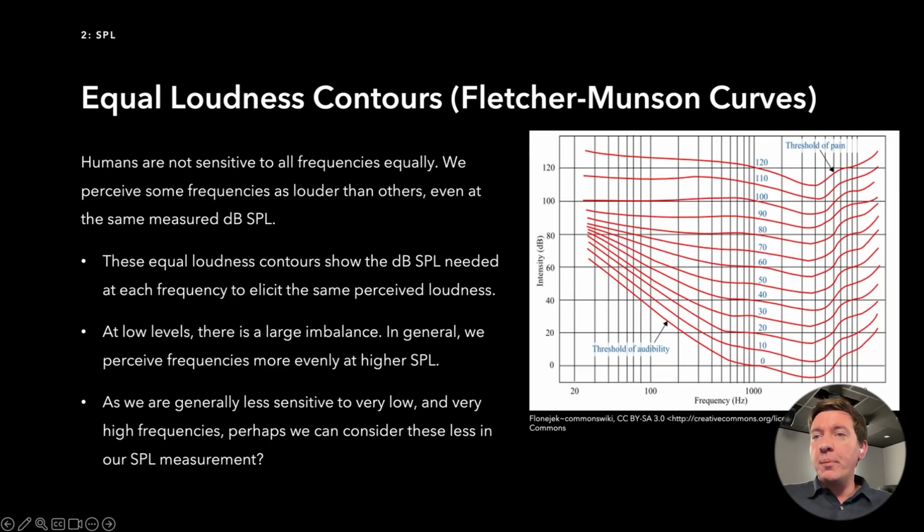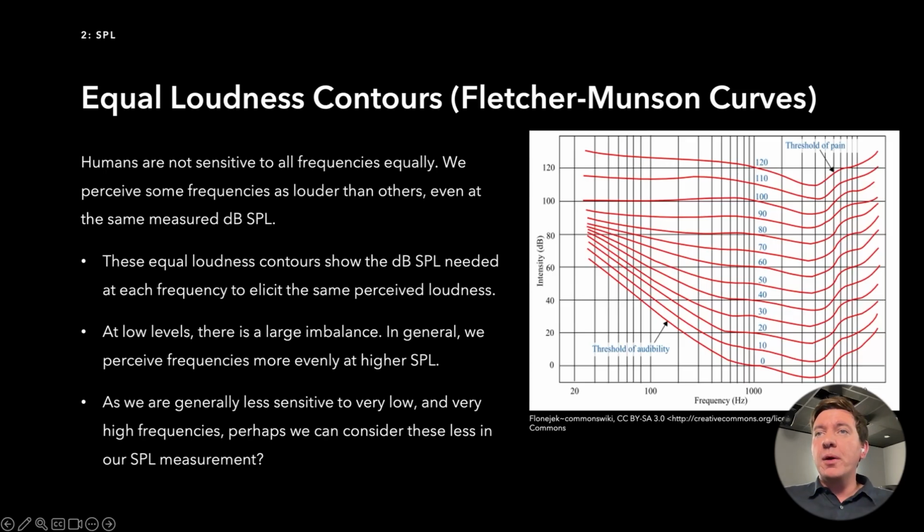Whereas up at 1 kilohertz, which is the reference point that all of these lines are set to, it's 0 dB. So even if we get 1 dB of intensity at 1K, we'll start to notice it. Whereas down at 30 odd hertz, you need over 60.